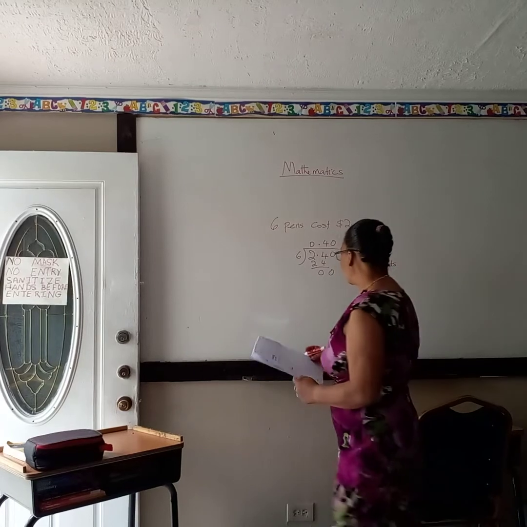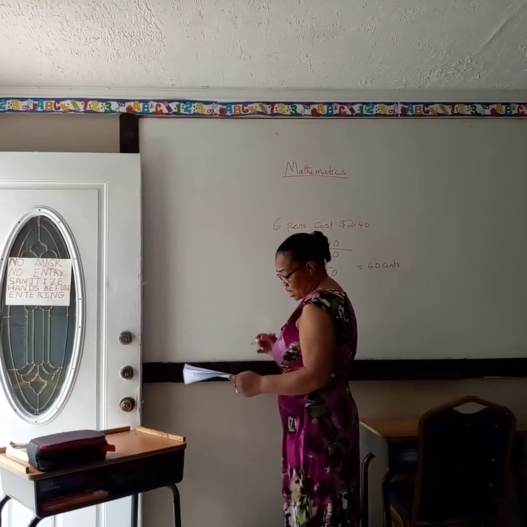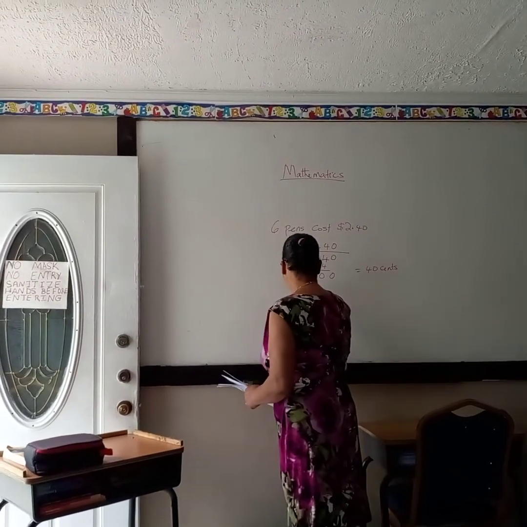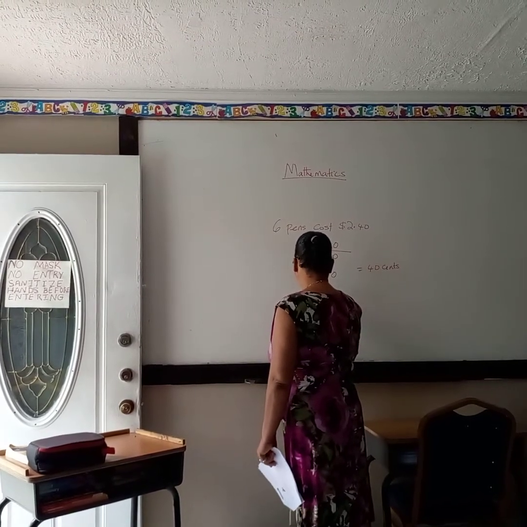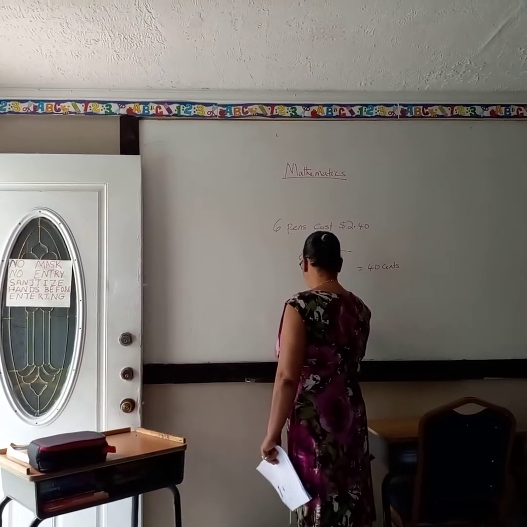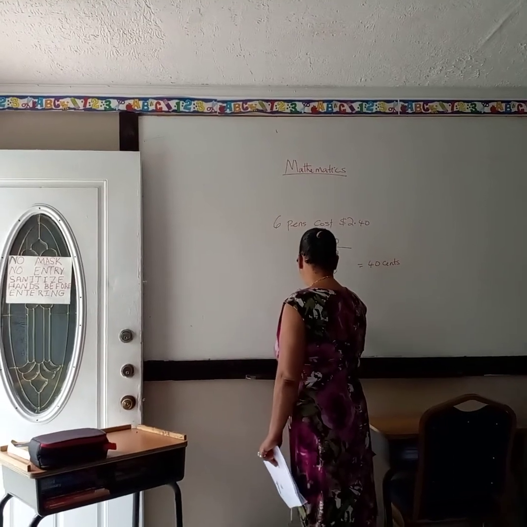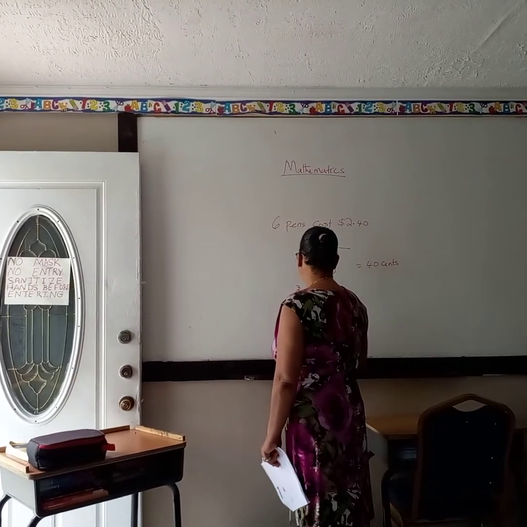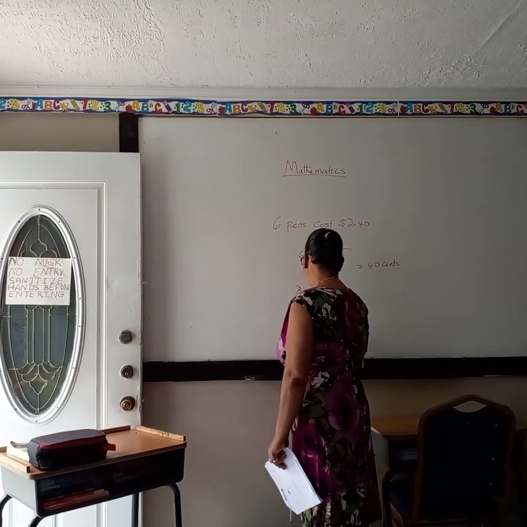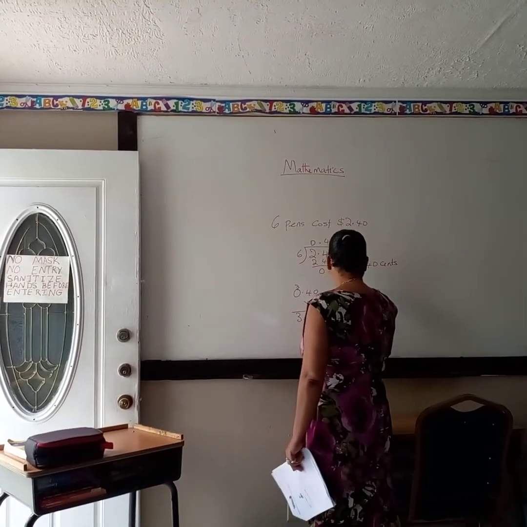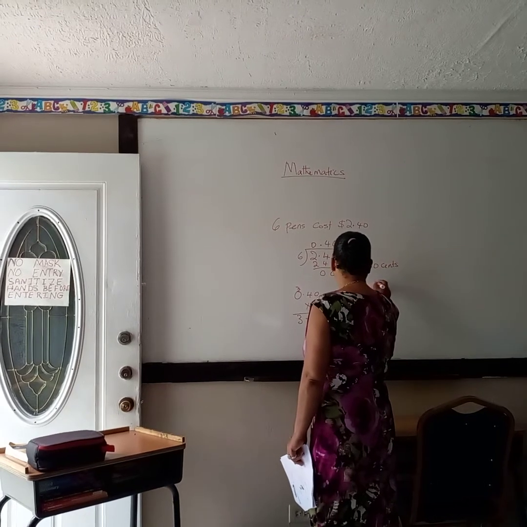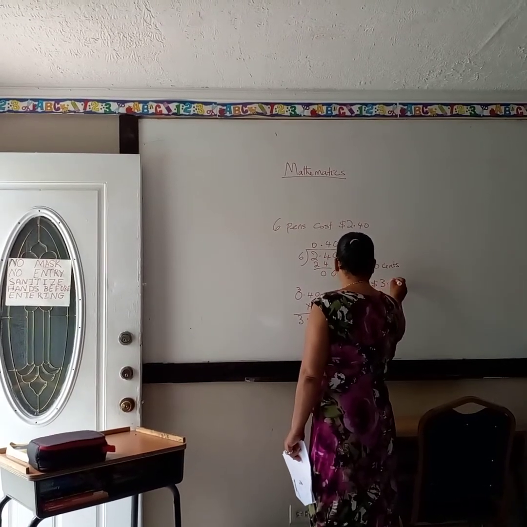Then they ask us, so what is the cost of 9 pens? So I now have to go back to my 0.40 and I'm multiplying that by 9. 9 times 0 is 0. 9 4s are 36. 6 carry 3. 9 times 0 is 0. But my 3 is going to be there with my 2 decimal places. 9 pens would now cost me $3.60.